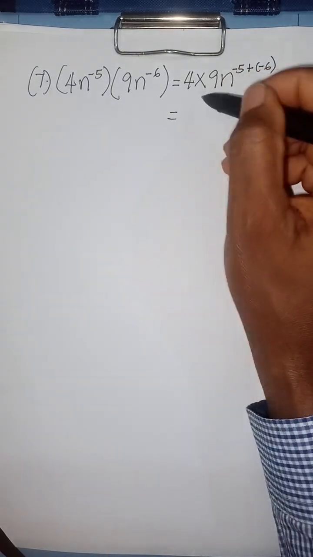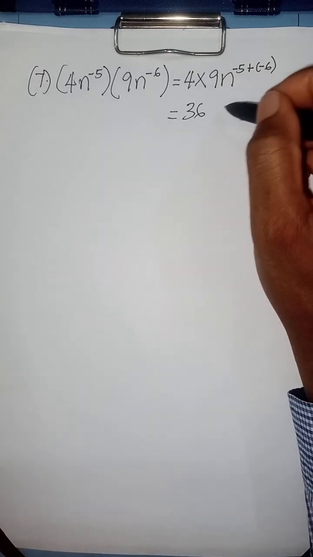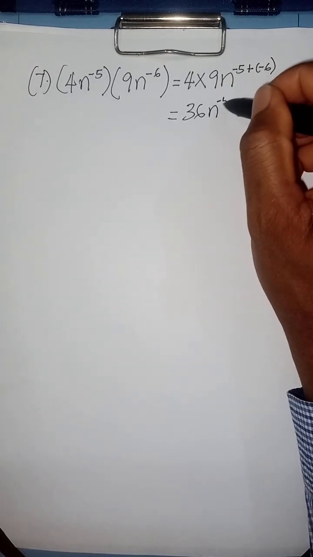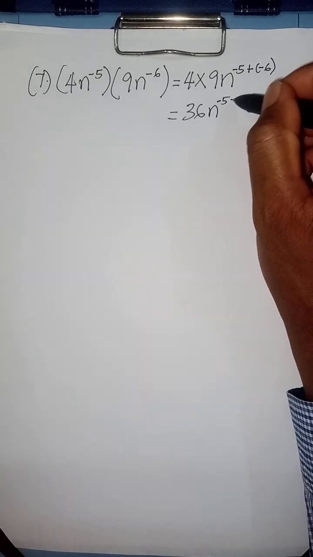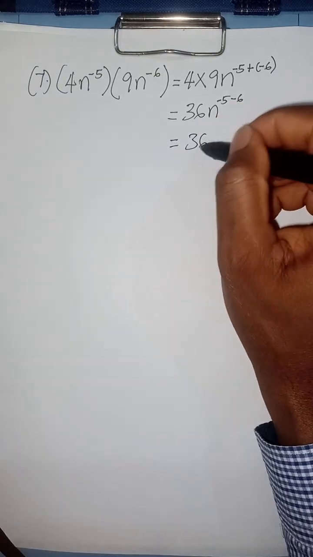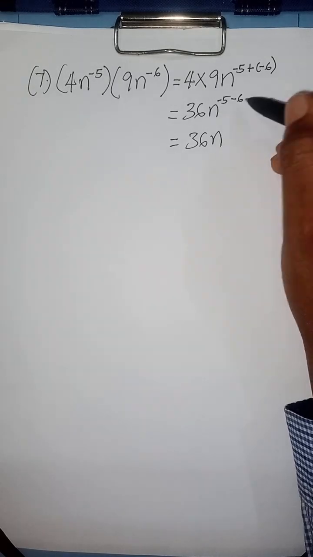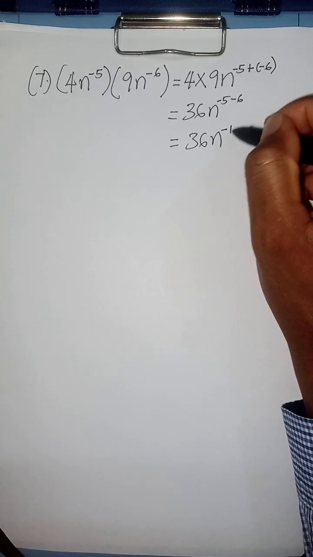This is 4 times 9, 36, n raised to the power minus 5 plus times minus is minus 6. And your final answer is 36n raised to the power minus 5 minus 6. I'm owing 5, I'm owing 6, minus 11.